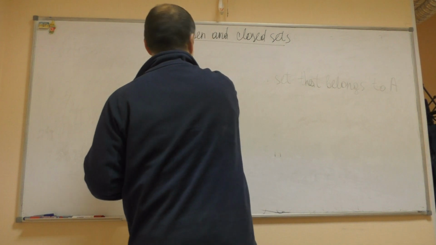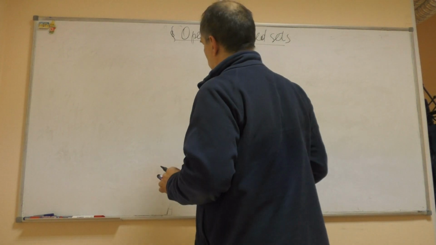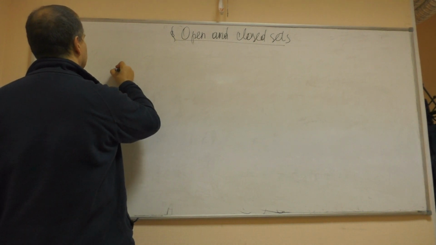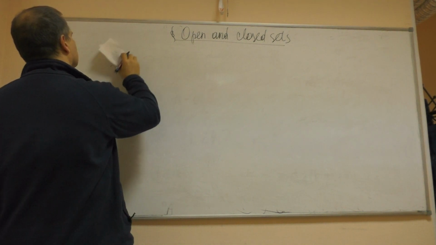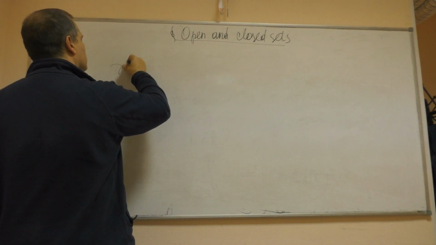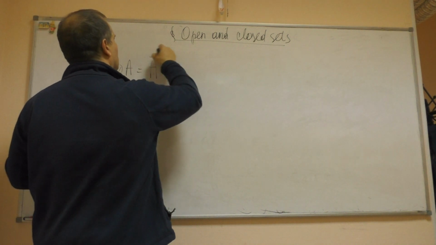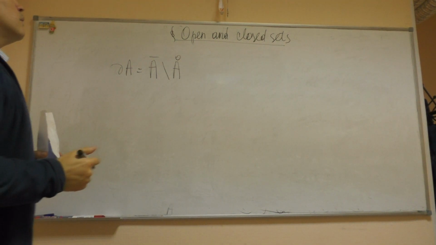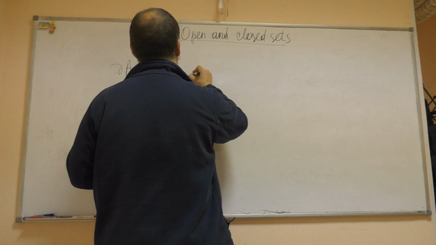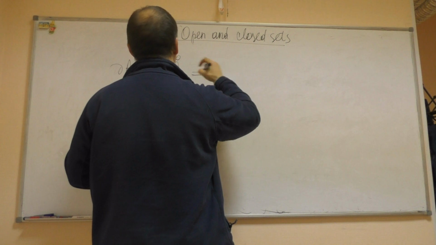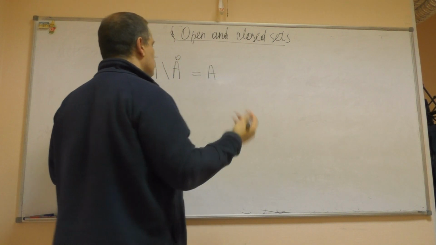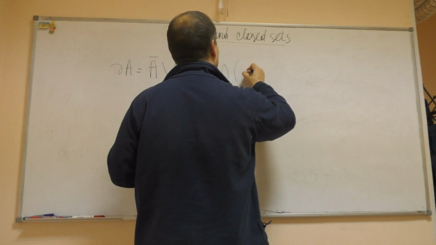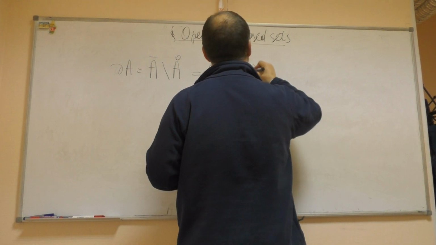And just a few words about boundary. I remind you, boundary of A is the difference between closure and interior, which can be represented as an intersection of closure and the complement of interior.